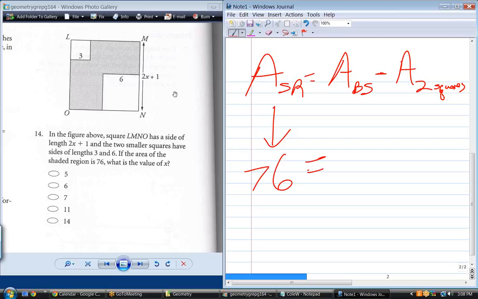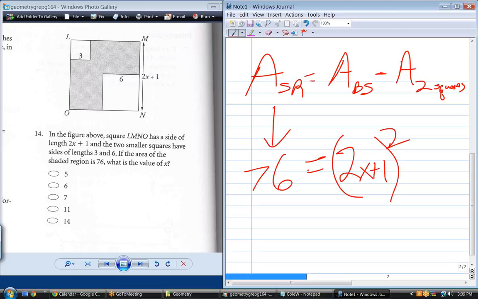The area of the big square is what, according to this picture? 36. No, this big square. Oh, the big square. 2x plus 1 squared? Yes. 2x plus 1 quantity squared.